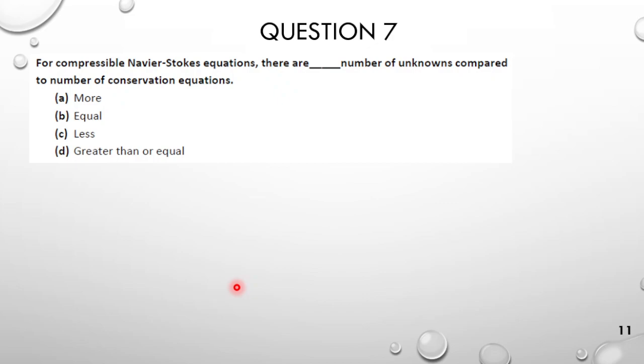Density, velocity in x, y, z direction, pressure, u, v, w. Some people are including pressure, some people are including density. I want the total number of unknowns, the complete set.